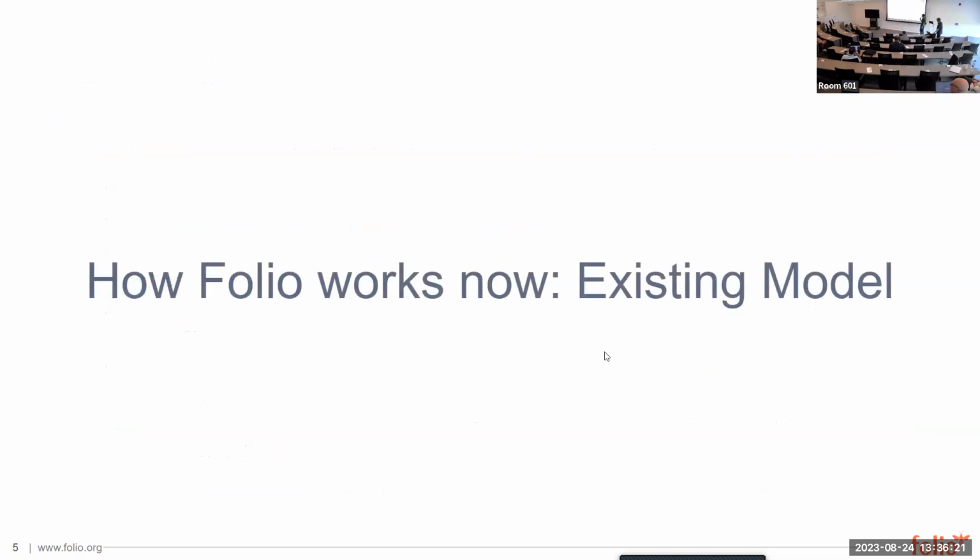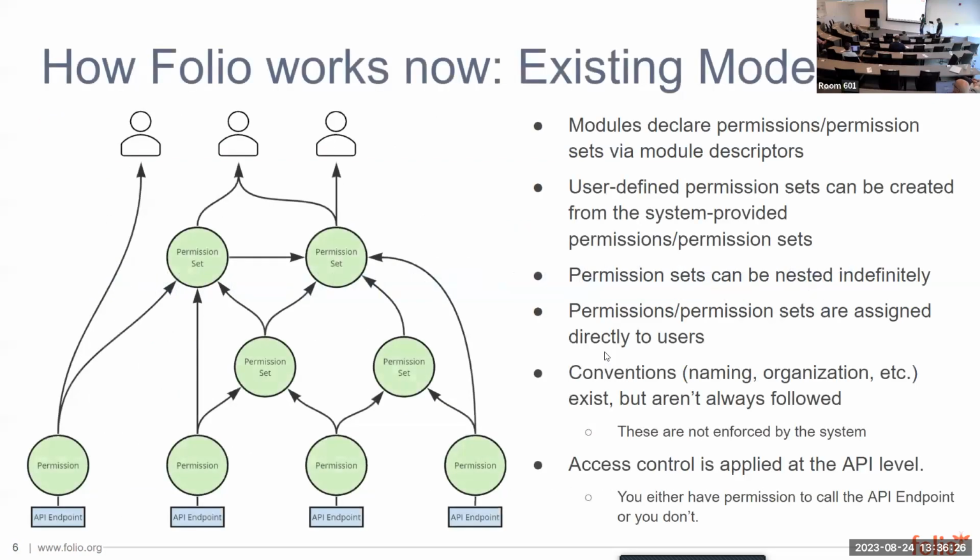Before we go any further, let's take a closer look at the existing model and how Folio works today. Most of you should know this by now, but modules declare permissions and permission sets via their module descriptors. If you start at the bottom here, you can see we have a handful of API endpoints. They're kind of off the screen here, but these blue rectangles represent API endpoints. Most times, those endpoints are protected by one or more permissions.